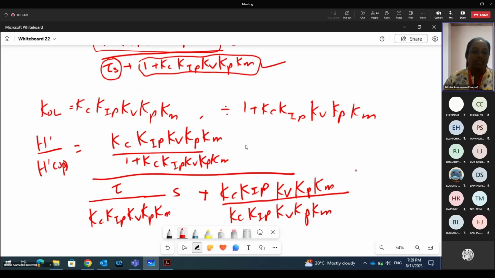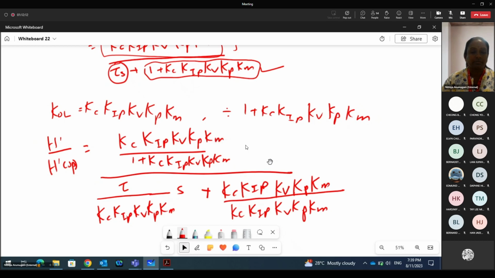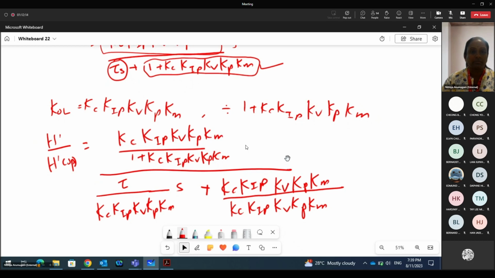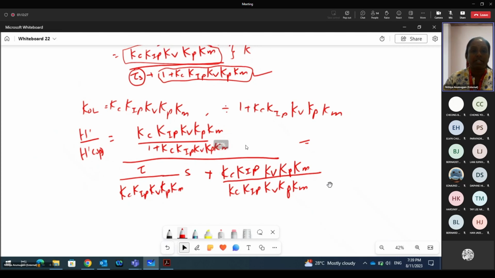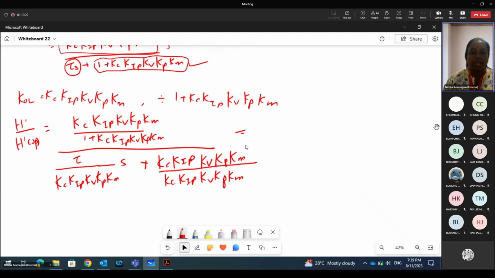If we notice, we can equate the whole expression, because we already assigned the K open loop.